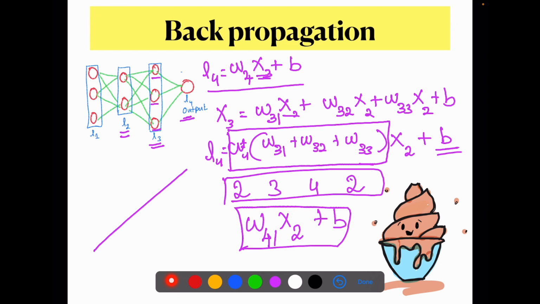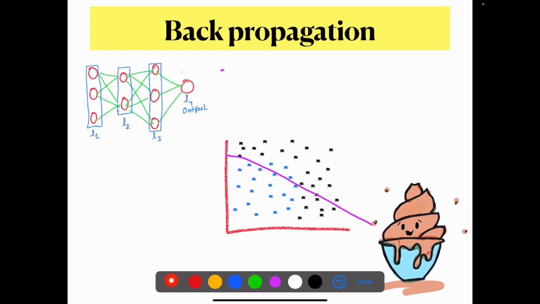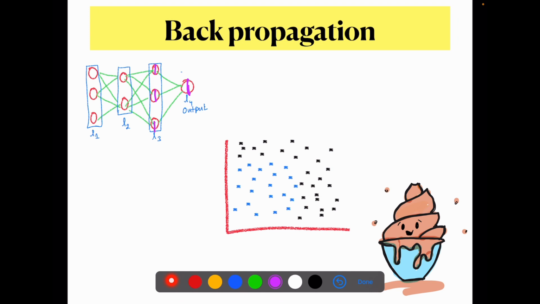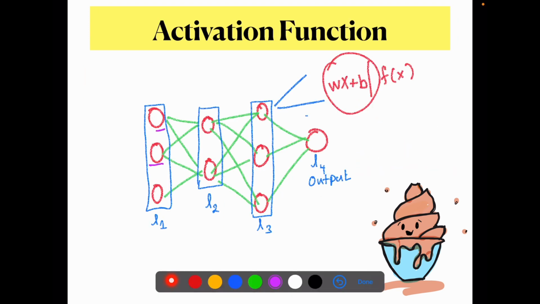And what we are looking for is not just a line. We need a curvy structure, which we cannot achieve using just the neurons. We need some activation function to make it into a curvy structure. For each neuron, we need one more layer.